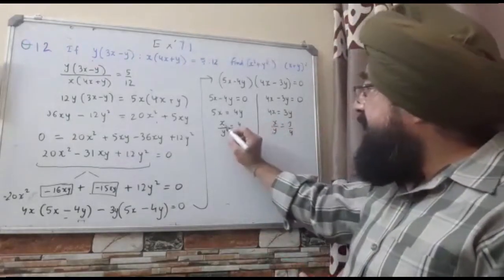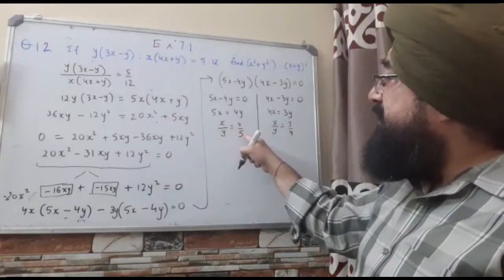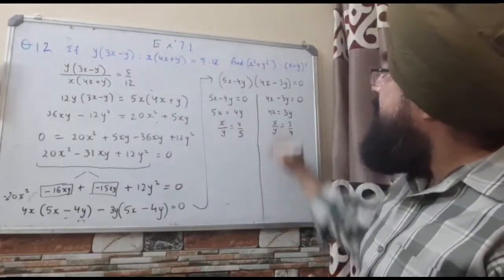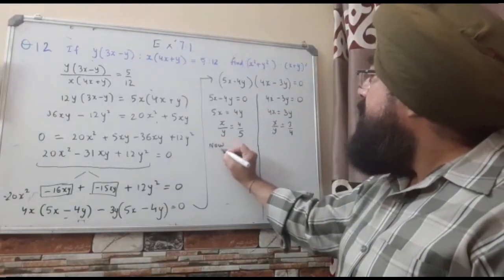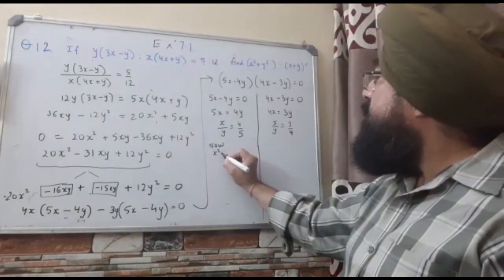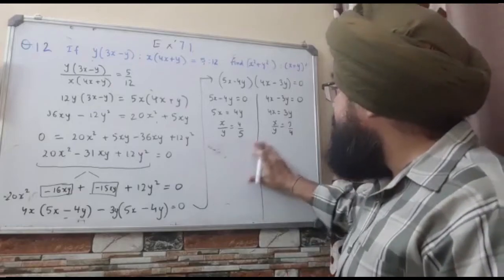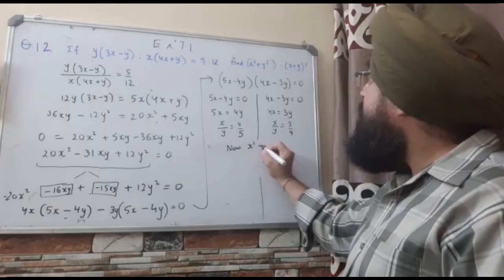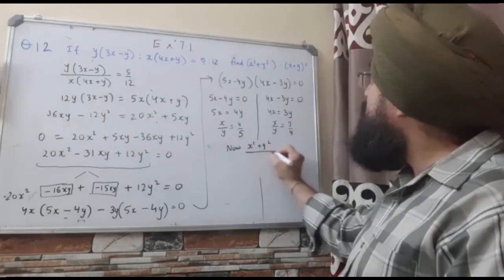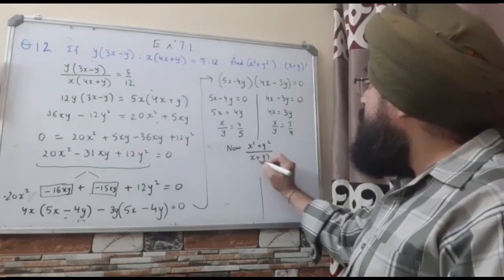So here you can take x equal to 4k and y equal to 5k, and then find the value of x square plus y square over x plus y whole square.